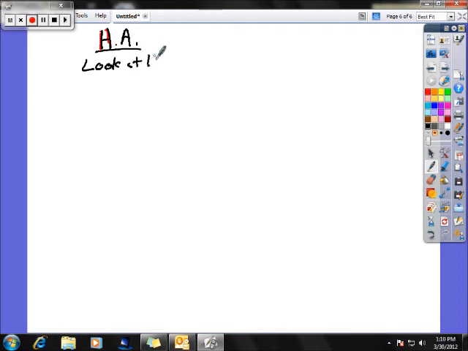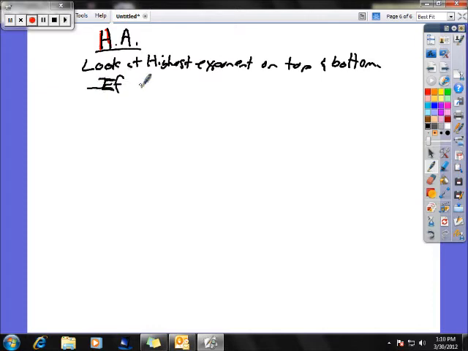Look at the highest exponent on top and bottom. If it's bigger on top, you remember what that was?